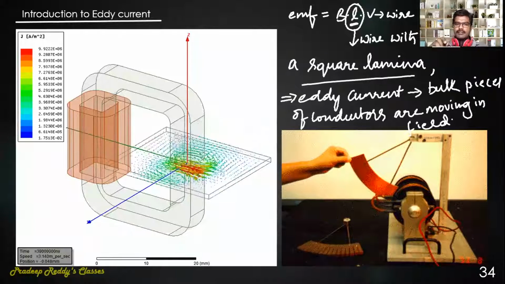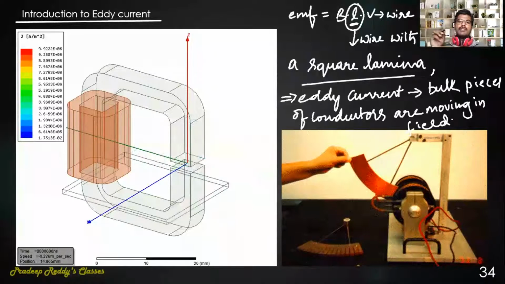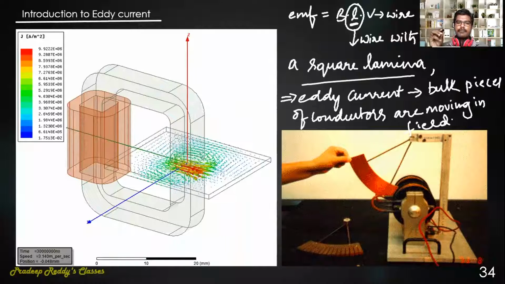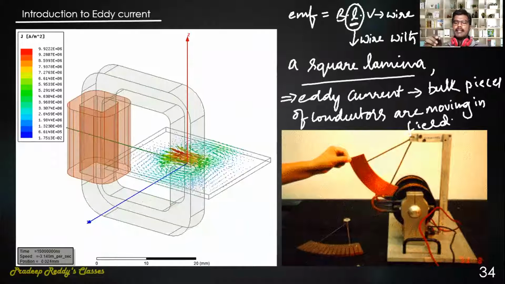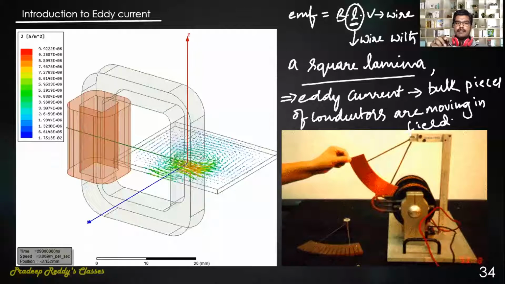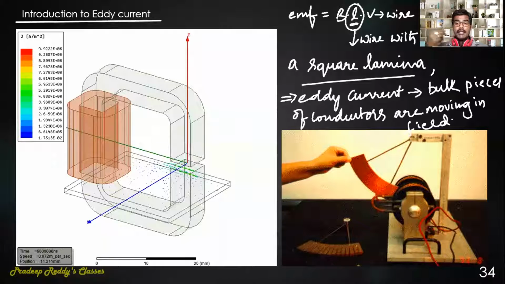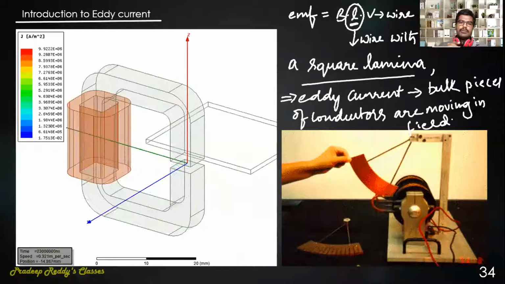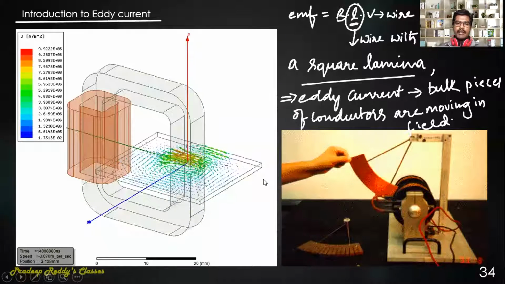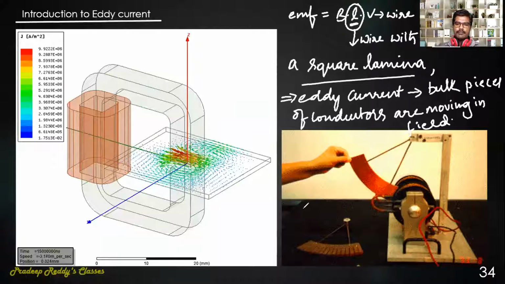Due to such eddies, the EMF is being induced within the conductor. So these eddy currents will heat the coil. The total lamina will be heated due to such eddy currents. Likewise, this is called the motional pendulum.